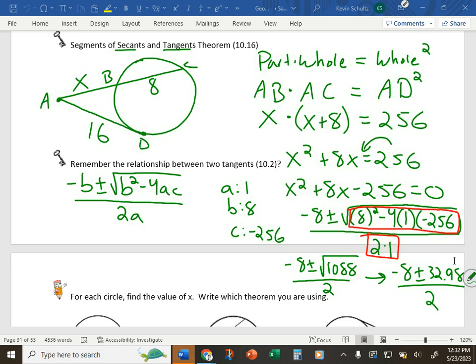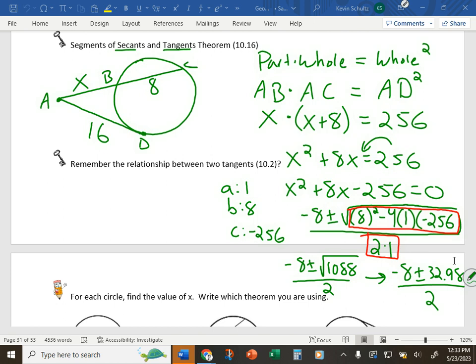And so we get negative 8 plus or minus 32.98 divided by 2. Now, where do our x-intercepts come from here? Our values for x. How do we convert that into solutions? Because you don't have the plus minus key, here's where you separate it into 2 different equations.